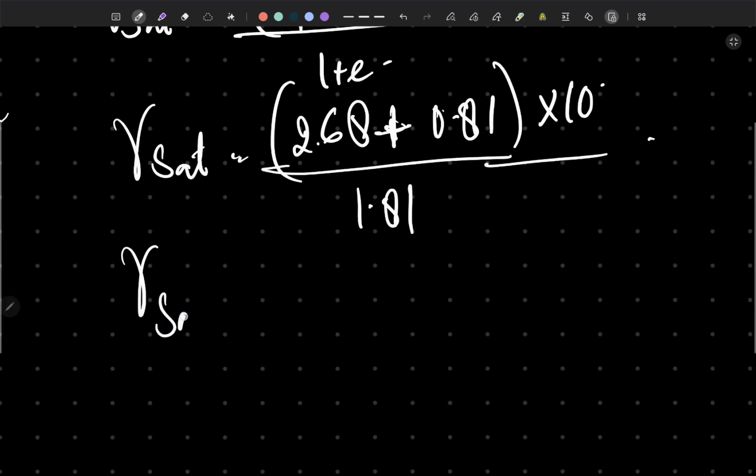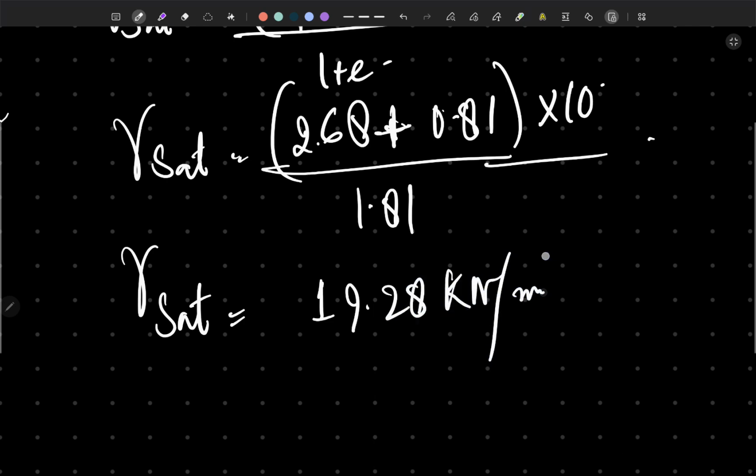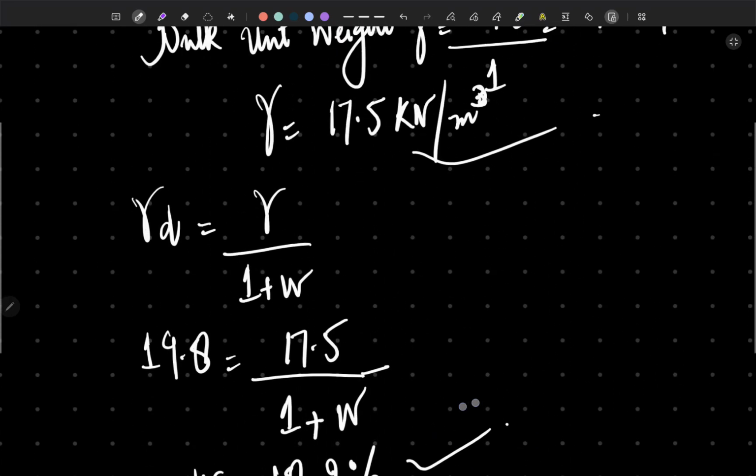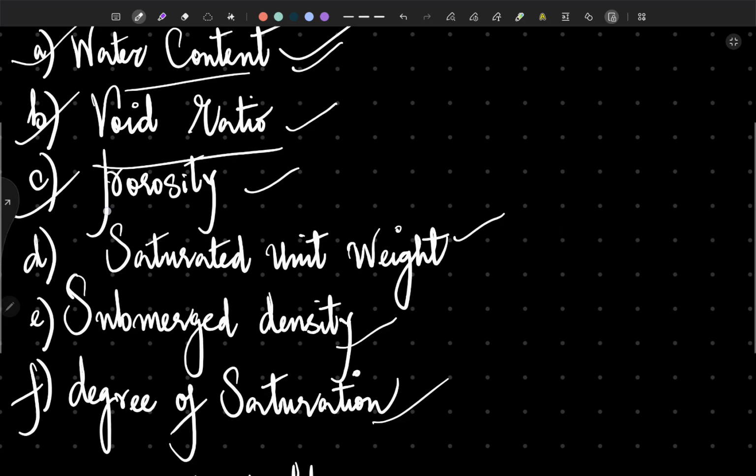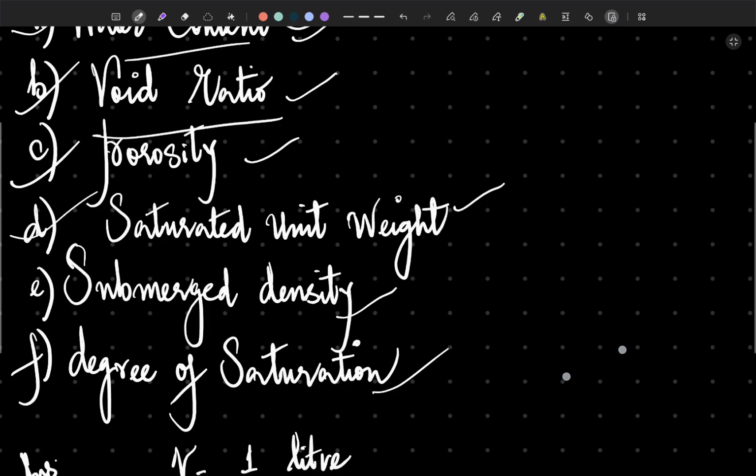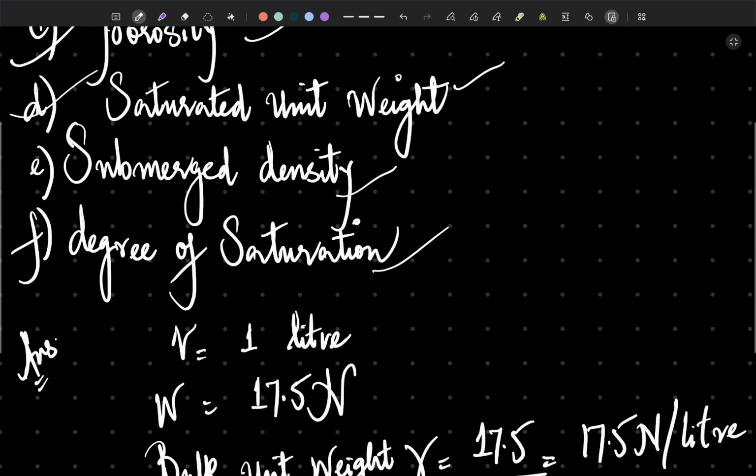Upon calculation, saturated unit weight is 19.28 kilonewton per cubic meter. So this is done as well. Now we have to find the submerged unit weight, and then subsequently the degree of saturation. That is the last parameter that we need to find.